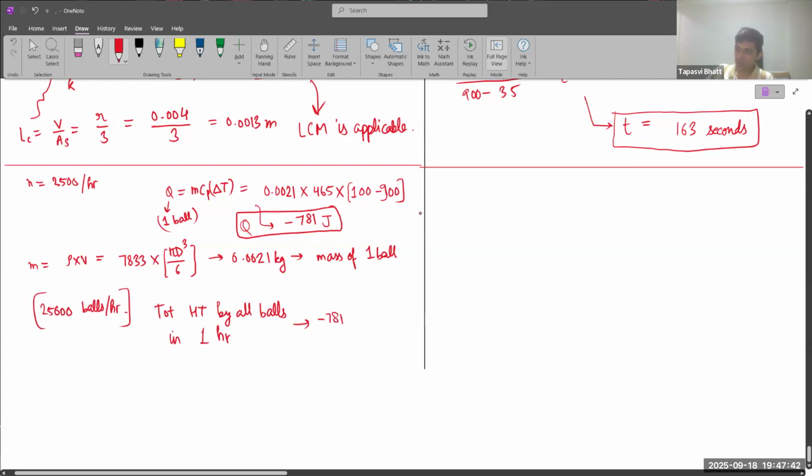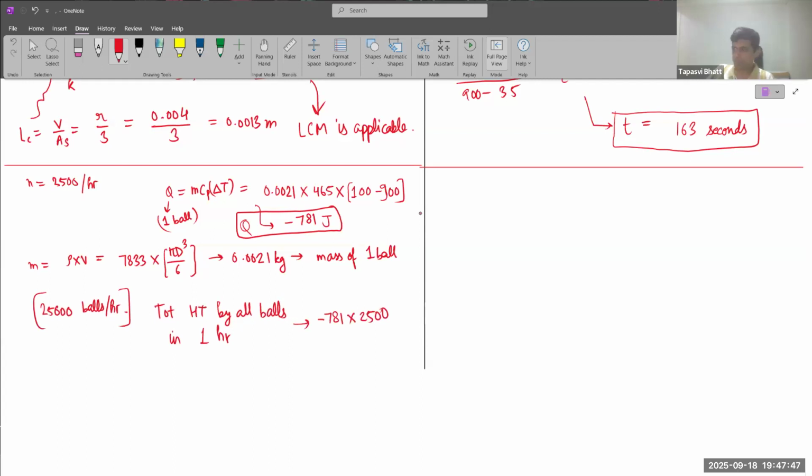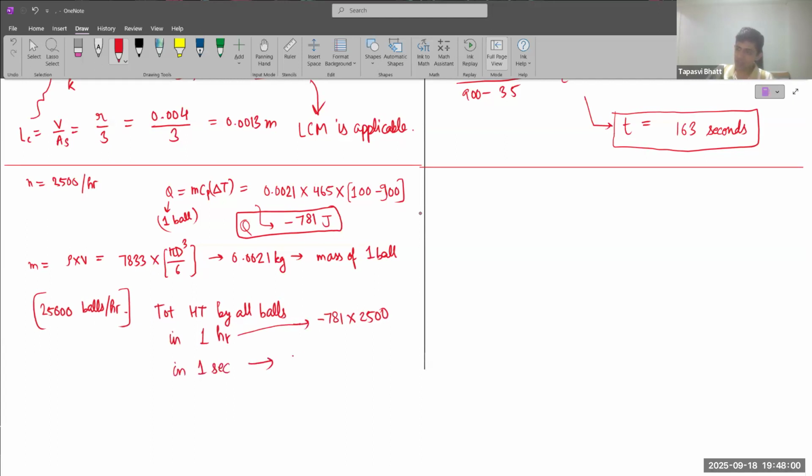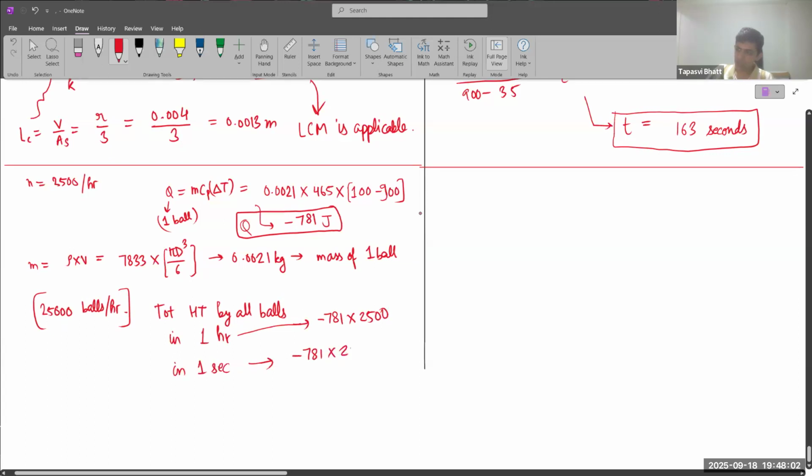Minus 781 times 2500. So how much is it in seconds? In 1 second, it's going to be minus 781 times 2500 over 60 times 60, right? Very simple math. We're converting it to minutes and then to seconds.